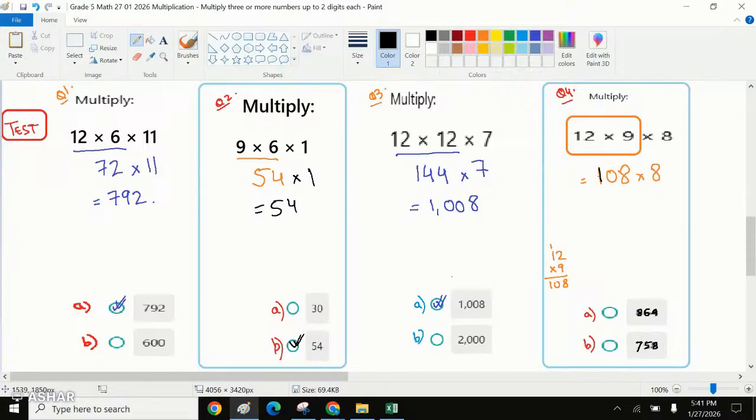That means the number in the answer cannot be in the 700s. It has to be in the 800s, right? So 108 multiplied by 8 would give us 864, right? And that is the answer. That means option number A.